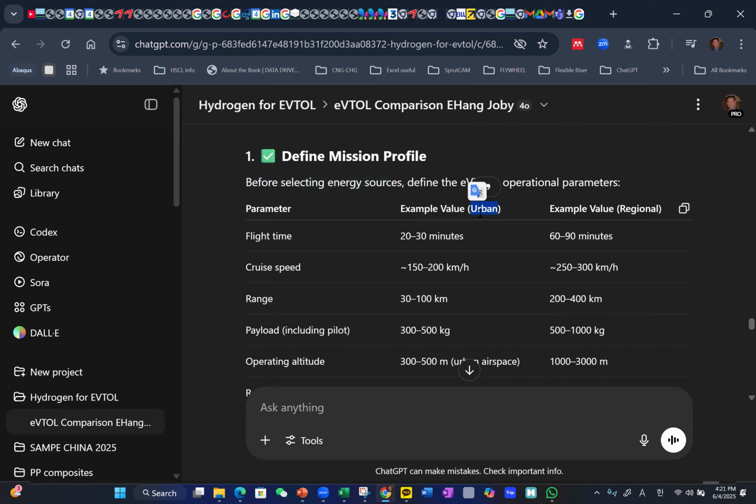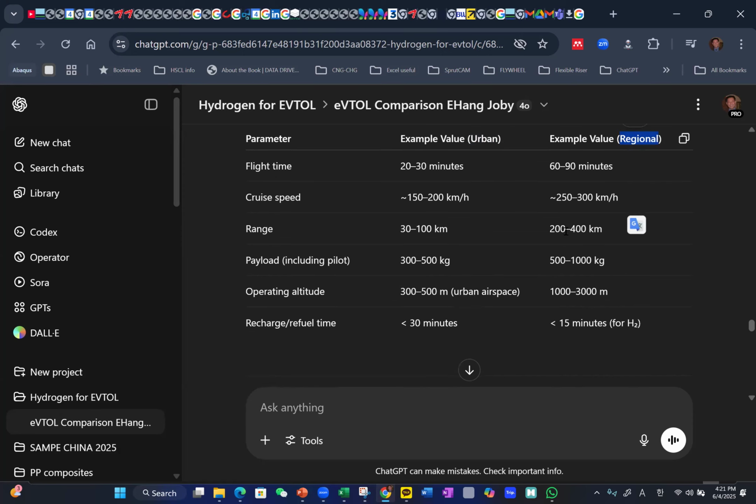Is it an urban application or just a regional application? And cruise speed is also important. How fast are you going to design? It's going to be about 150 kilometers per hour, or 200, or 300 kilometers per hour. Range is important.